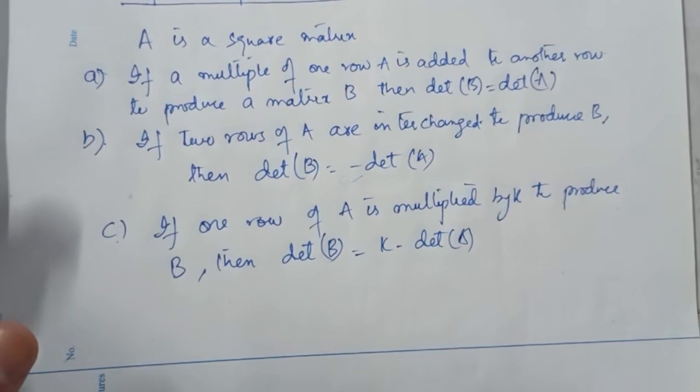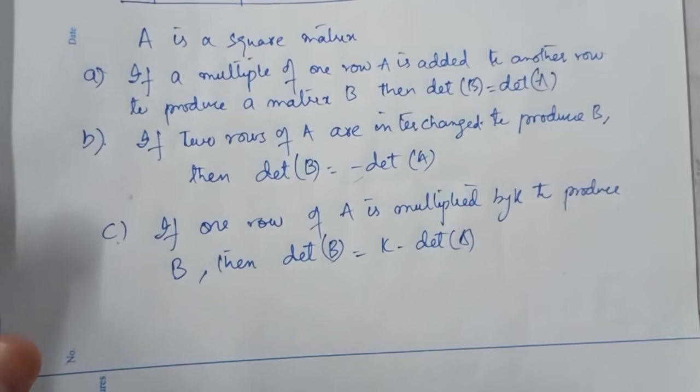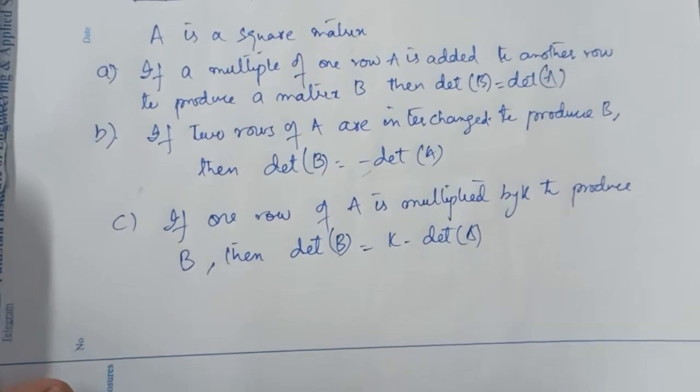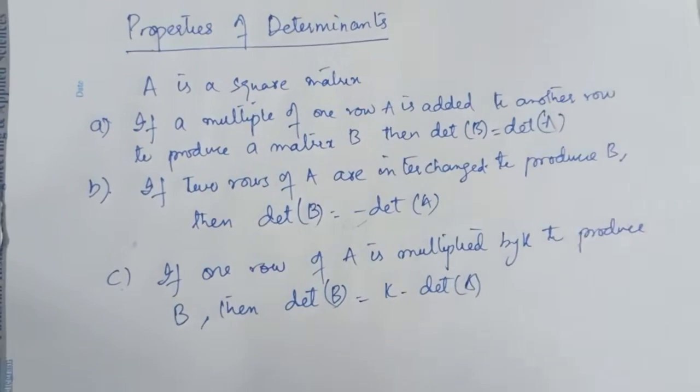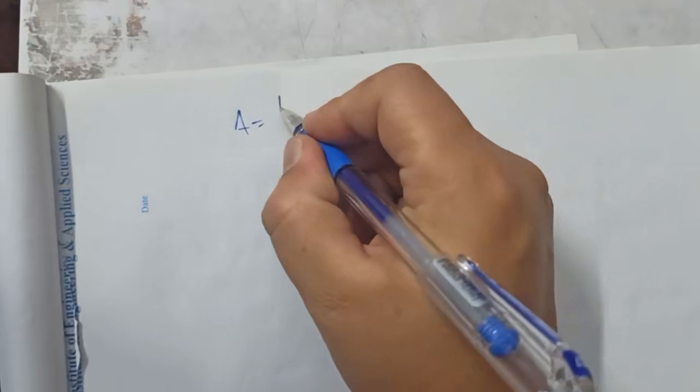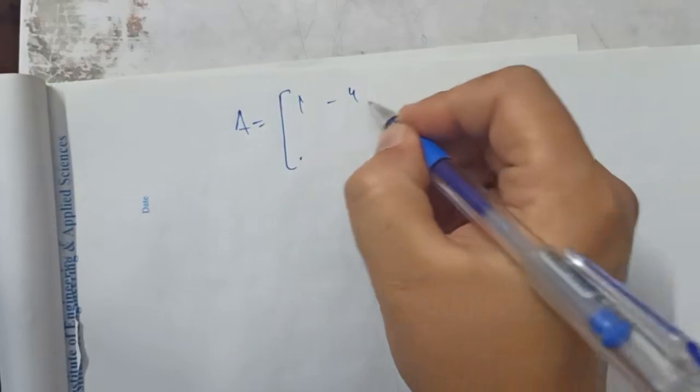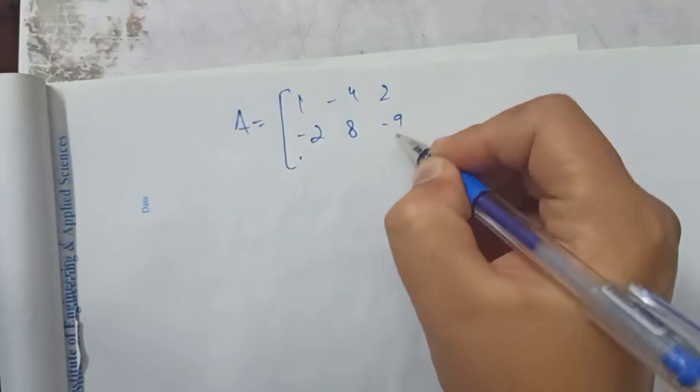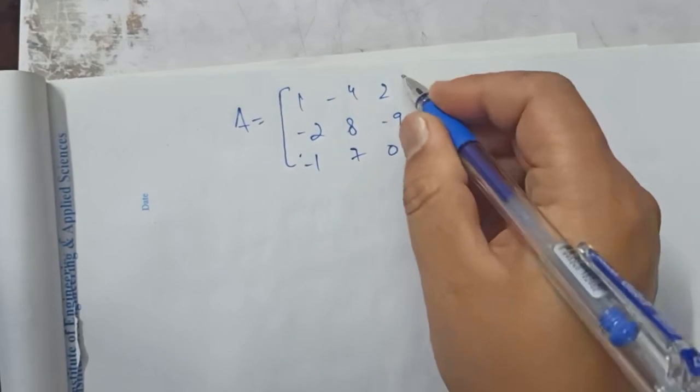Now, so again, let's do an example to use these properties to simplify the calculation of the determinant of A. Okay. Now, let's say we have to compute A, and this is a matrix A: 1, minus 4, 2, minus 2, 8, minus 9, minus 1, 7 and 0, right?